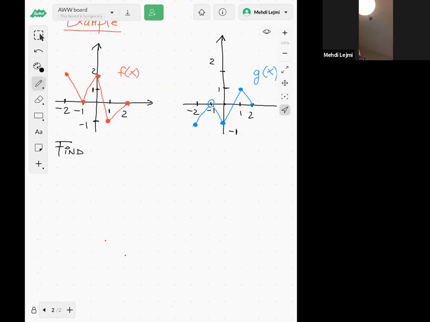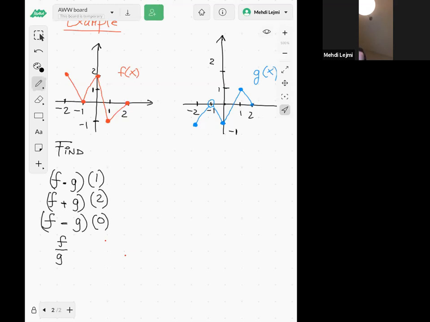Let's see. So f times g of 1, f plus g of 2, f minus g of 0, f over g of 2, and then g over f of 2.